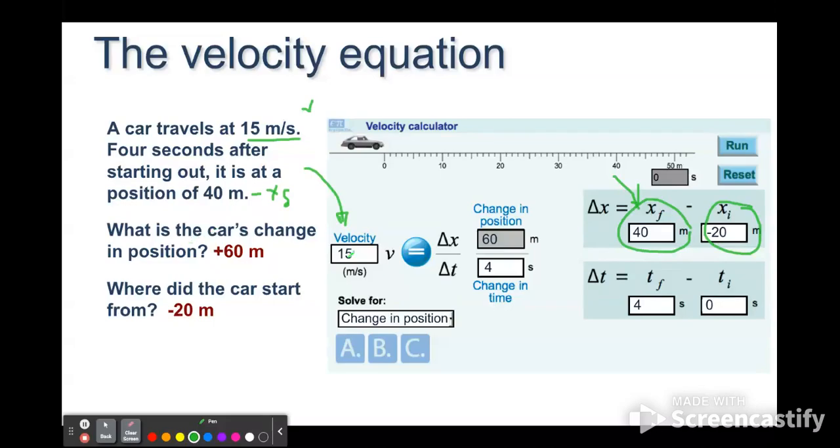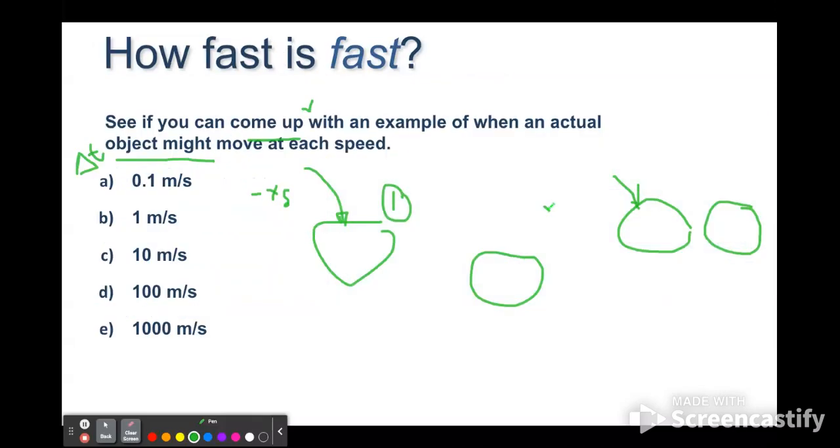If we know that, we can kind of work backwards. We use our time. Oh, here's where it says 4 seconds. This is our change in time. And so we can plug that in here. So now we work a little bit funny because we work backwards. This is our step 1. And we have to find the change in position.